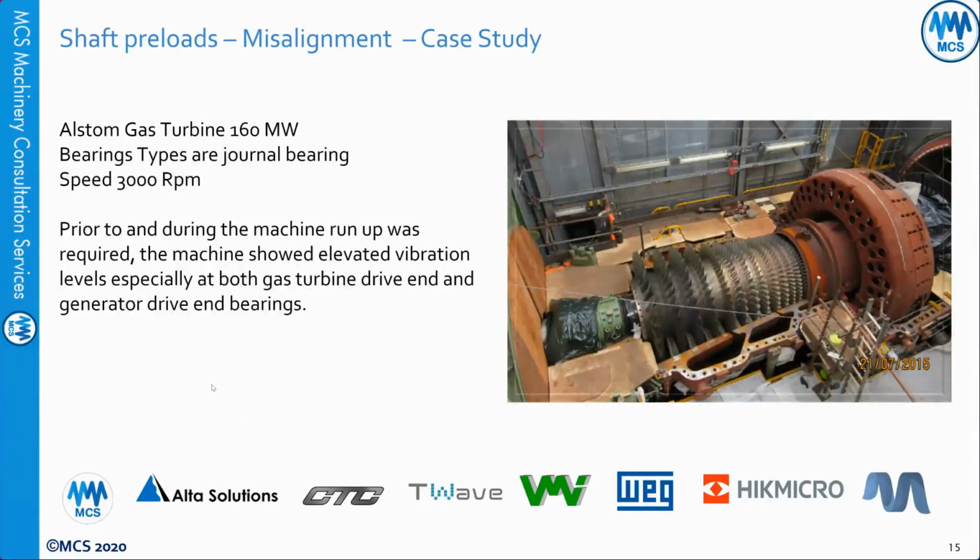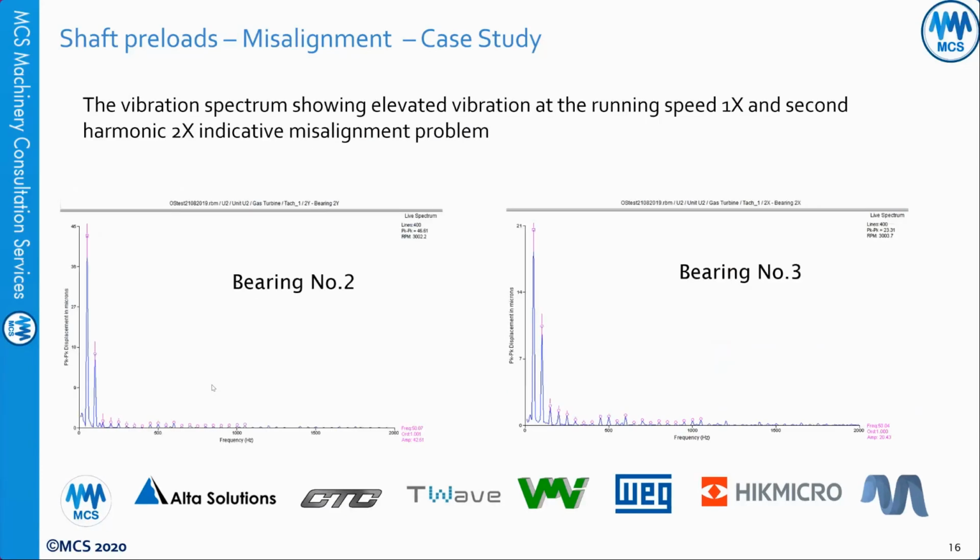The gas turbine is driving a generator on one shaft, with no gearbox between them, running at 3000 RPM. The vibration spectrum was showing elevated vibration at the running speed 1x and the second harmonic 2x. This is bearing 2, the drive end bearing of the turbine.